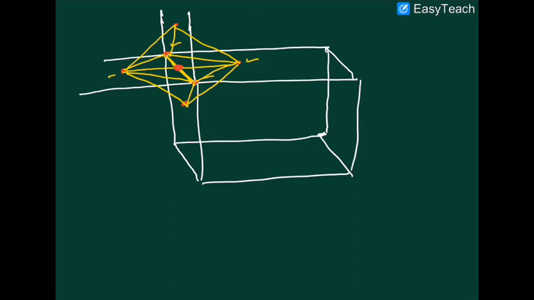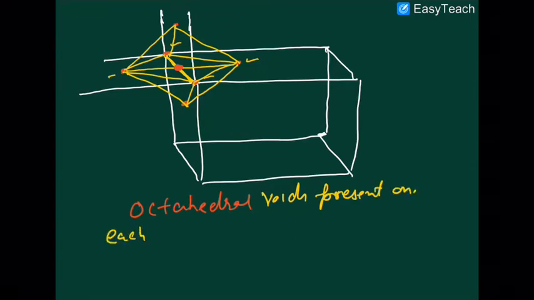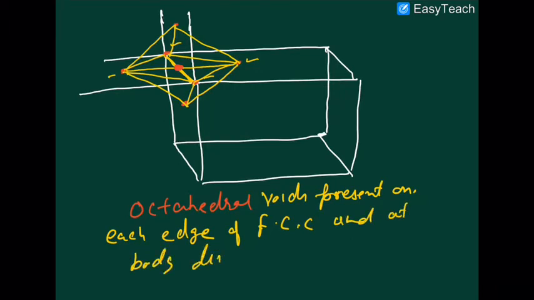You will find an octahedral void. So an octahedral void is present on each edge of FCC and at the body center.